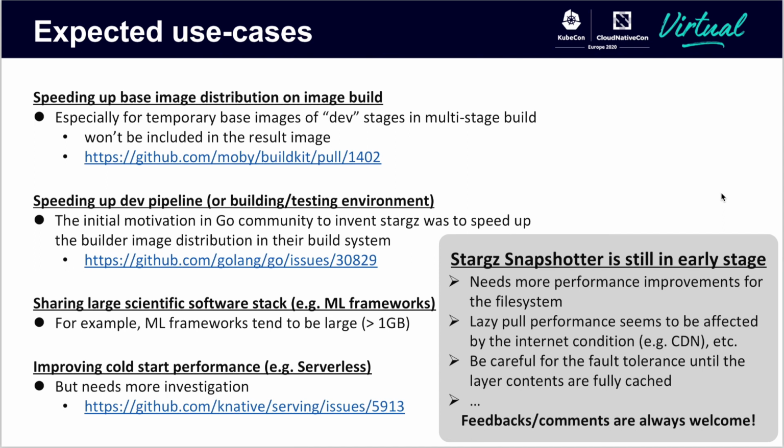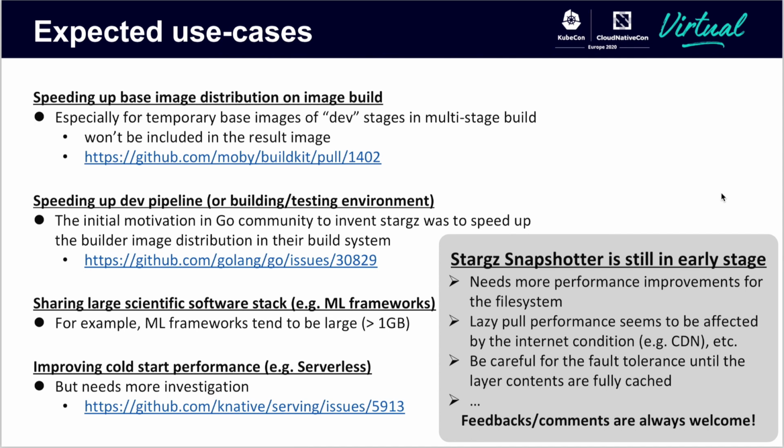Stargz was invented through a discussion in the Go community for speeding up builder image distribution in their build system. The third one is sharing large scientific software stacks, for example ML frameworks. ML frameworks tend to be large.